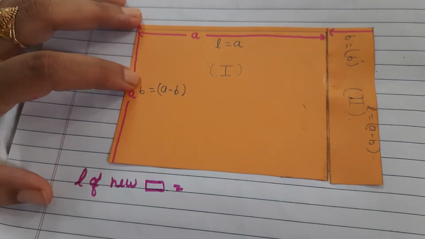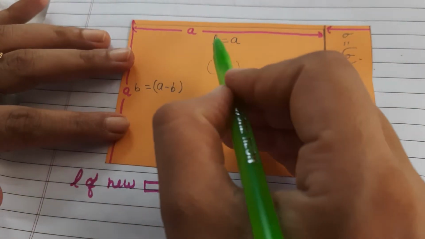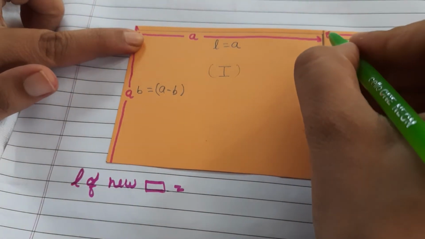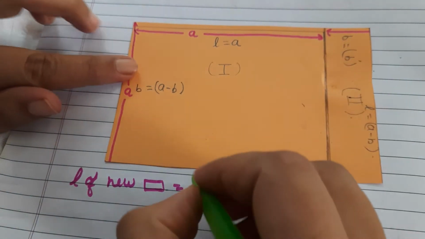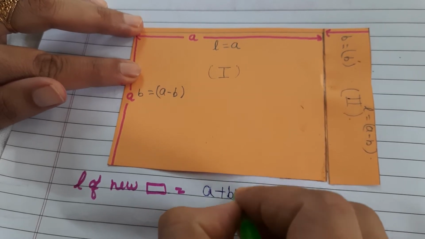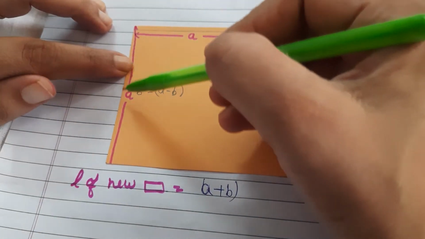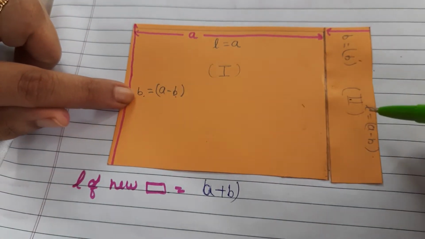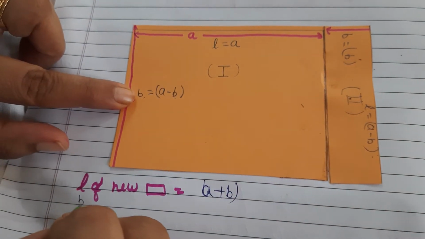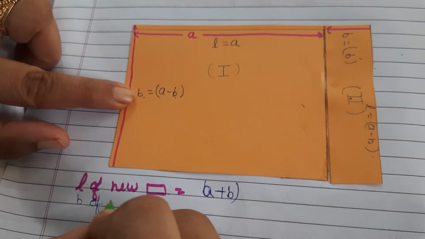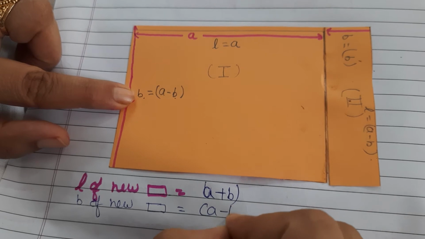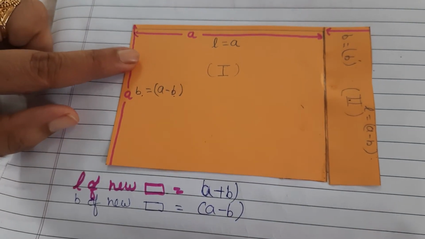You can see, students, this is A and this is B. So the length will be A plus B. And what is the breadth? Breadth is A minus B. So the breadth of the new rectangle is equal to A minus B.